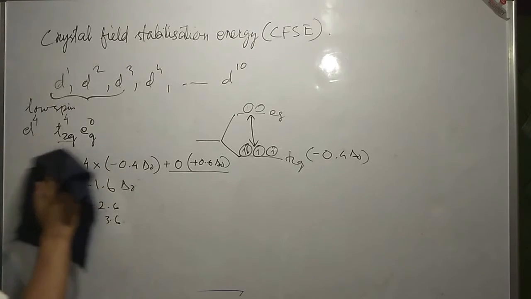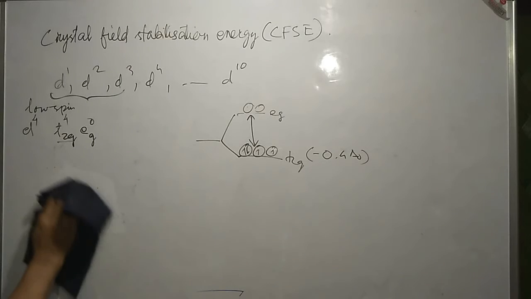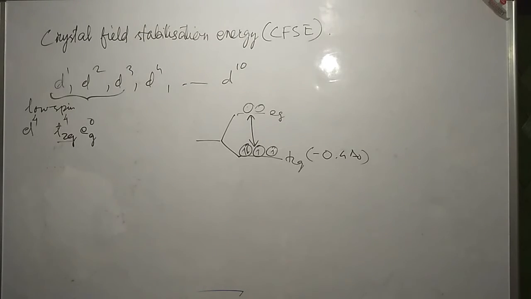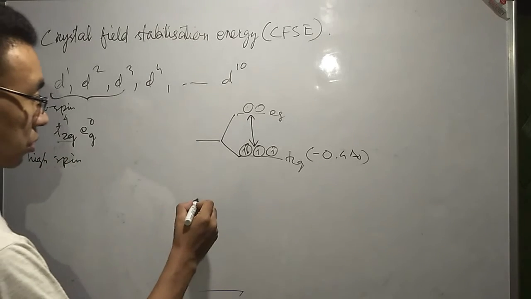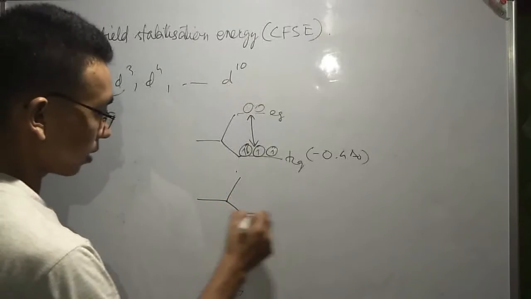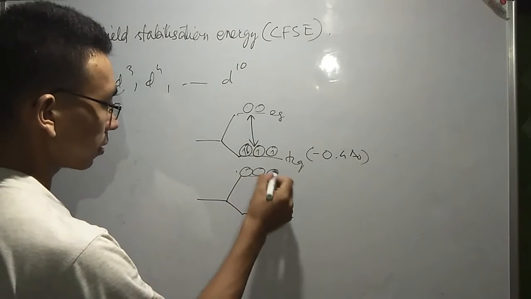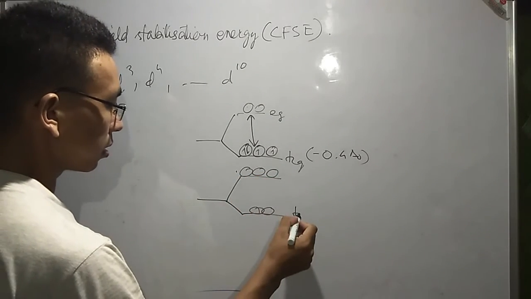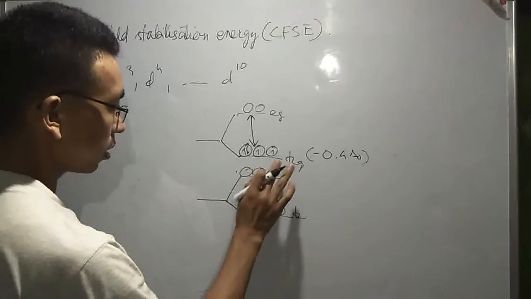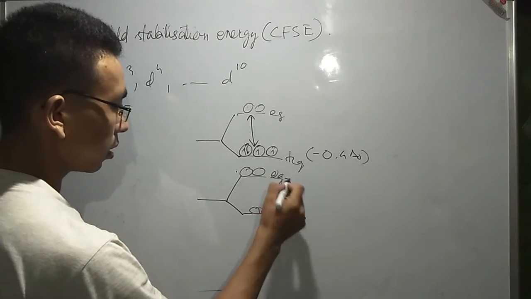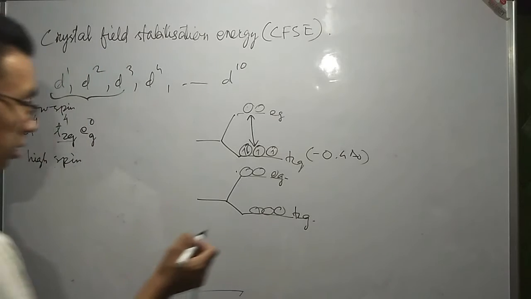Now let us try for high spin. High spin means more number of unpaired electrons. So in case of high spin, this is Eg, this is T2g.